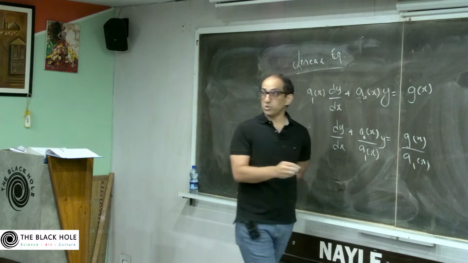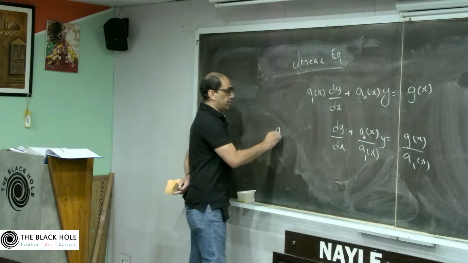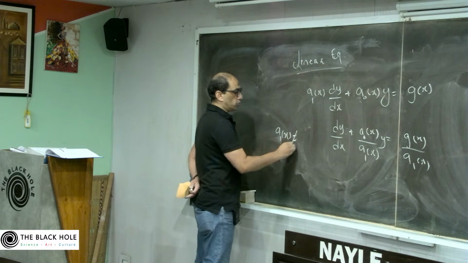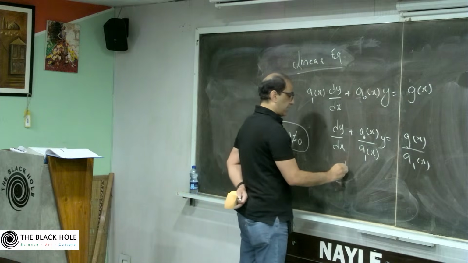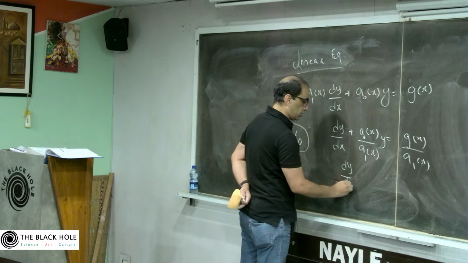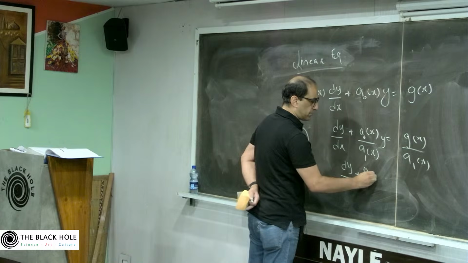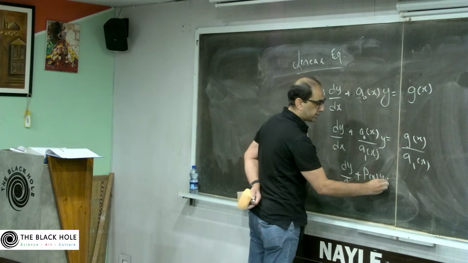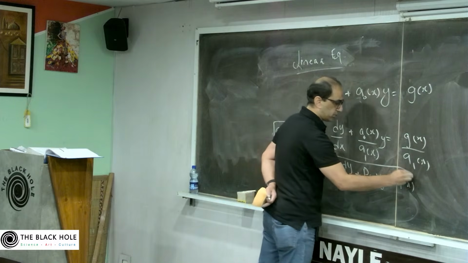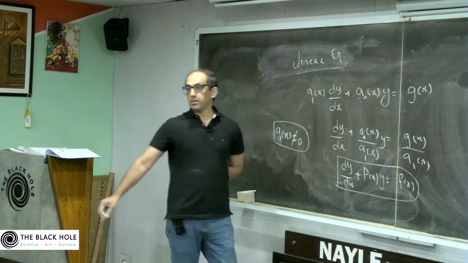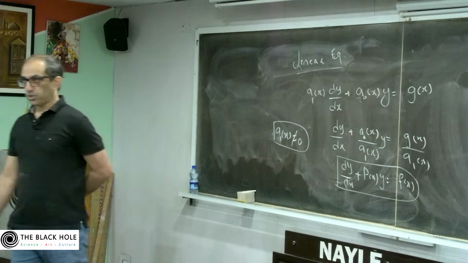So immediately you have to say that this should not be equal to 0, and I write this as dy over dx plus p of x y is equal to f of x. This is my linear equation. This is a first order non-homogeneous equation. Okay.